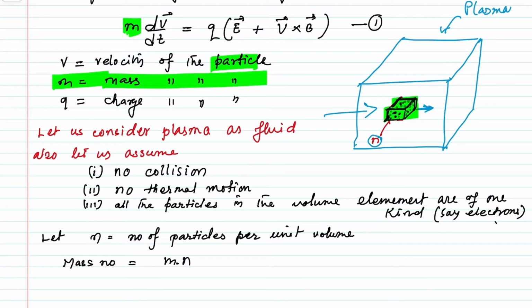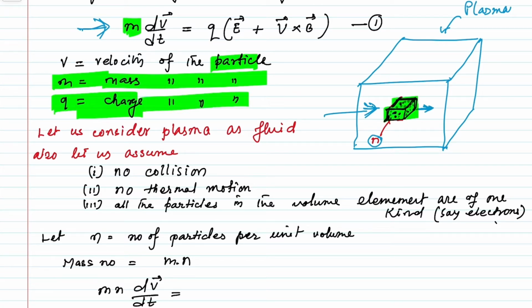Writing the same equation 1, the equation of motion, for this volume element: mn dv by dt is equal to qn (E plus V cross B). Here q is the charge of one particle, so as there are n particles, qn is the net charge. This is equation number 2.